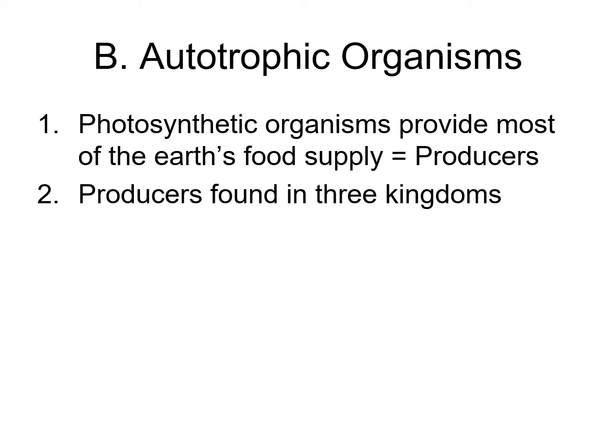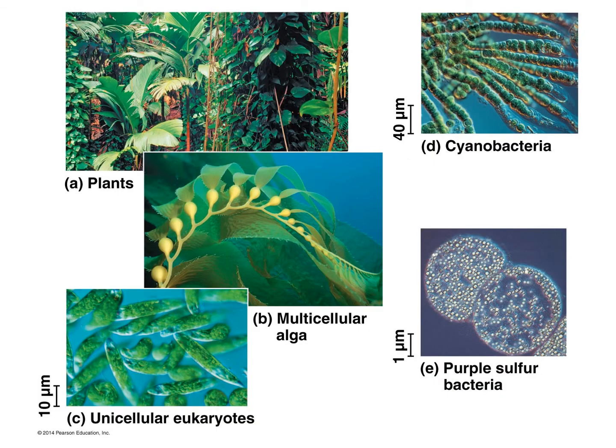Producers are found in 3 major taxonomic kingdoms: the bacteria or prokaryotes generally, algae, and plants. On land, plants are the primary producers, but in aquatic ecosystems, it's photosynthetic bacteria and algae that are doing most of the production.